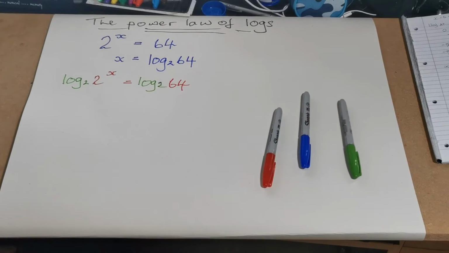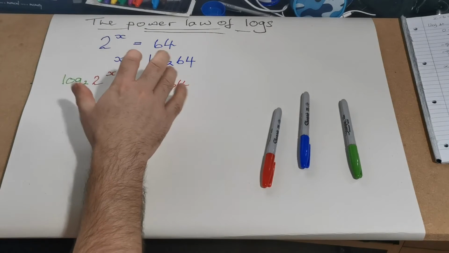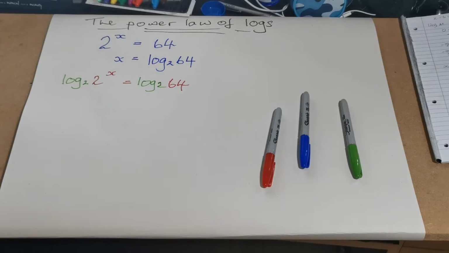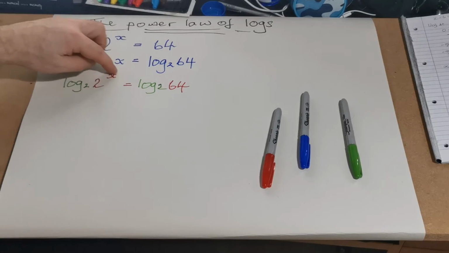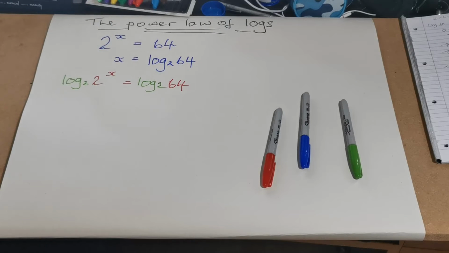Okay, so now as a mathematician I'm happier because I've done the same thing to both sides to maintain that balance idea that we have when we're solving equations. So what that means is that somehow this here is going to come to x.